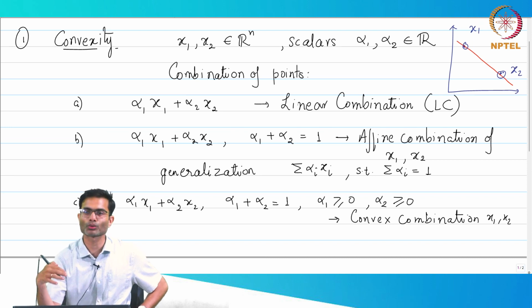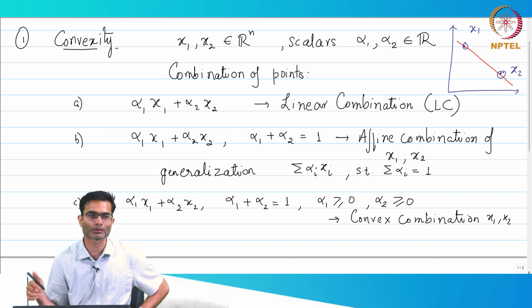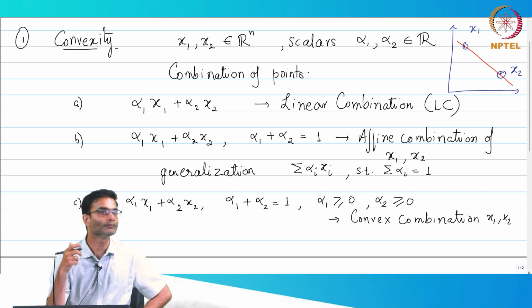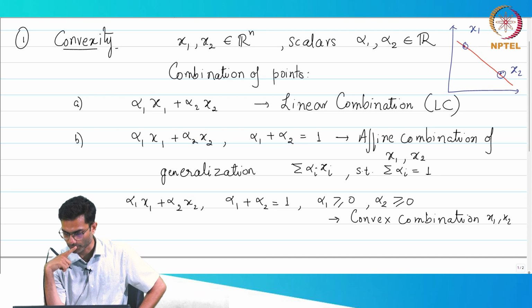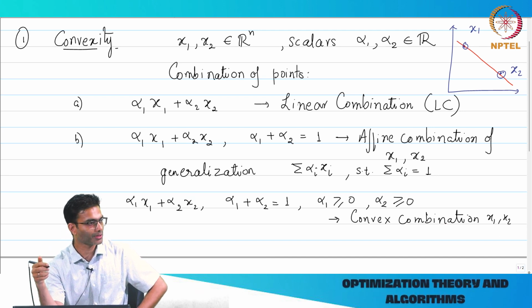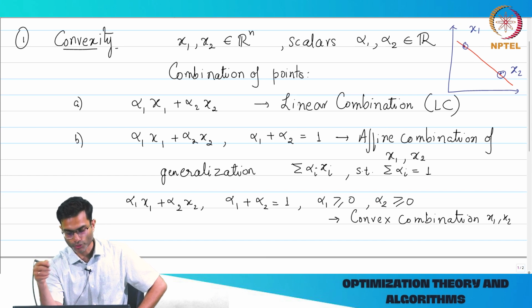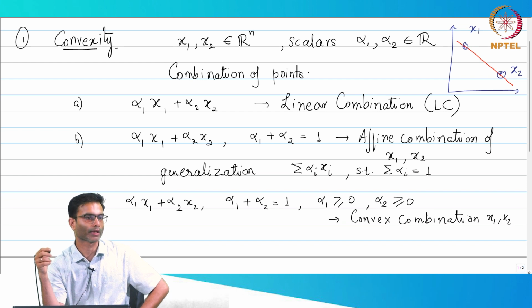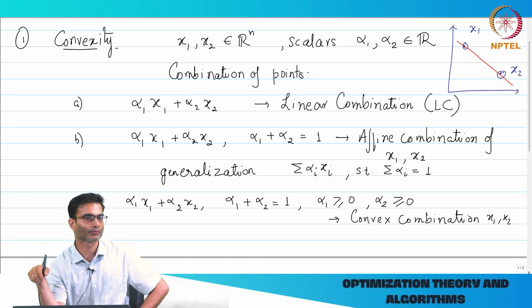So what is the locus of points that is traced by going through different values of alpha in an affine combination?